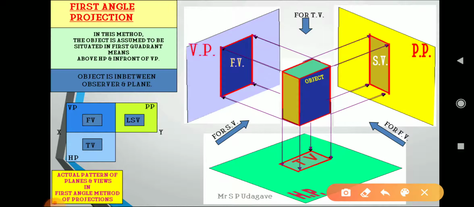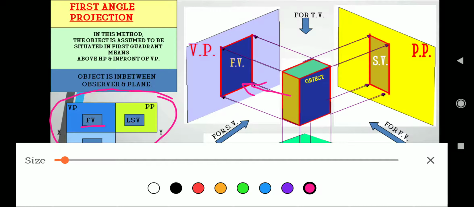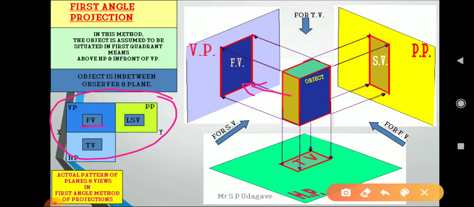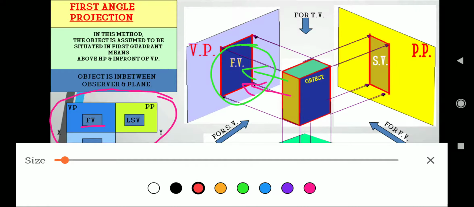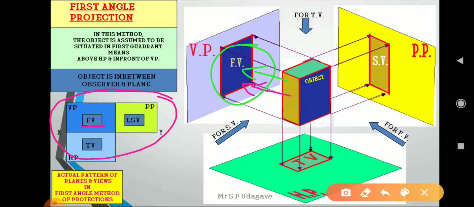So actually the final view we can see here is the front view of the projected object. So this is the projected object. In this, the front view is drawn in the vertical plane, and the top view comes when we open the horizontal plane by 90 degrees about the XY line.